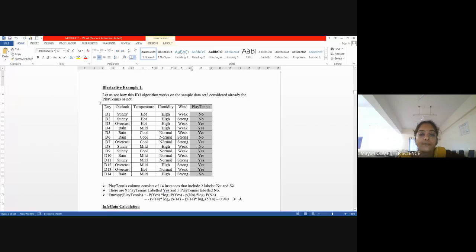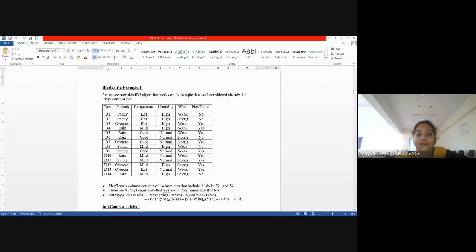What was the formula of entropy we have seen? Minus P log P base 2 and then summation. How many classifications are there? I have only 2 classifications here, one is yes, one more is no. Everything will be preceded with minus P. So minus probability of yes into log of probability of yes, minus probability of no into log of probability of no. If you have one more classification instead of yes and no, you also have to take that into account in the formula.